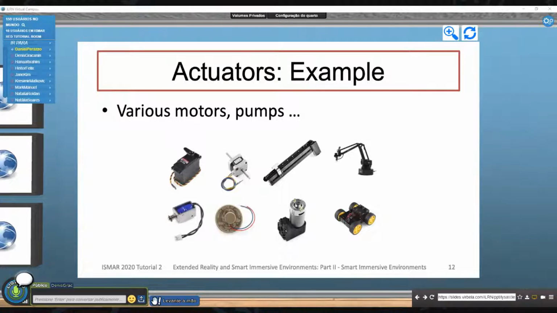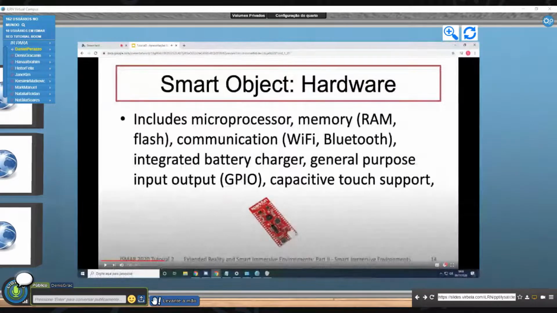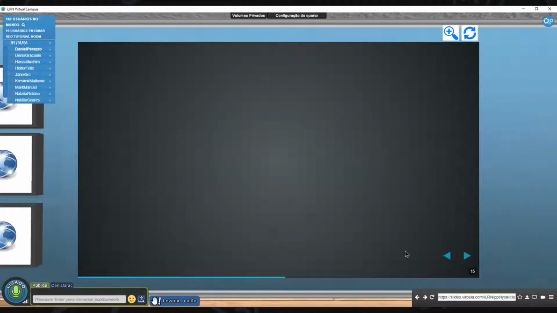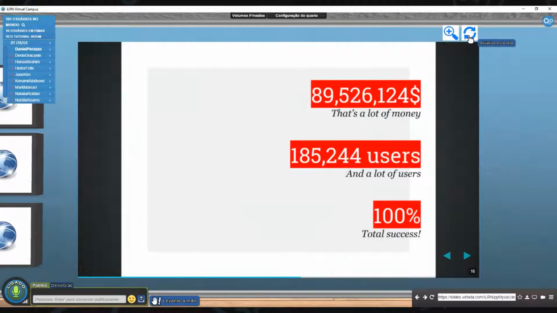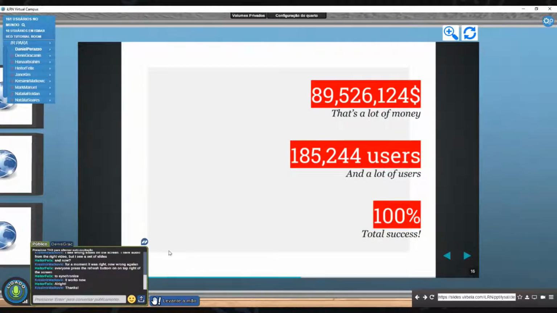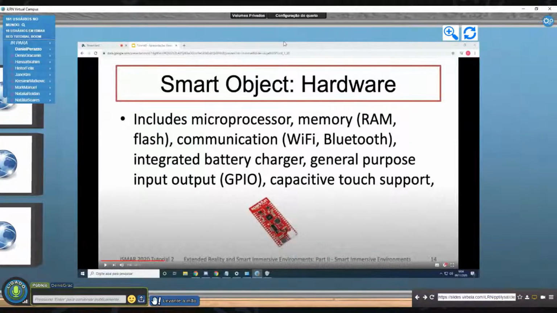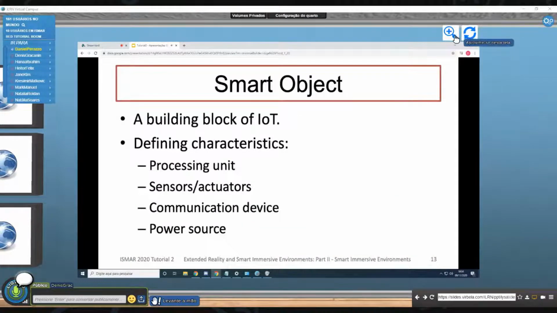So now that we're looking at those sensor and action, we talk about smart object. That smart object can have both sensor and actuator, and that smart object is then a building block of IoT.